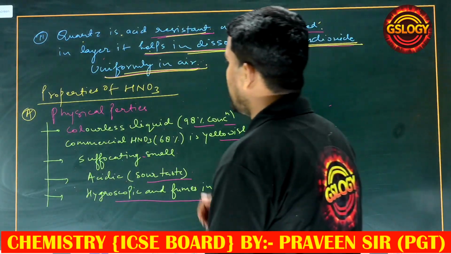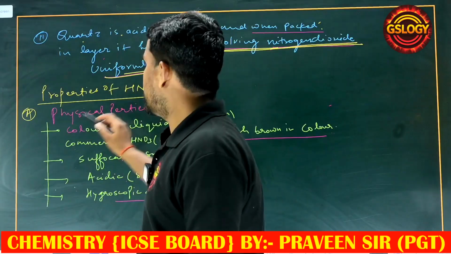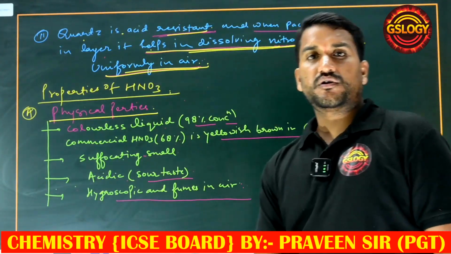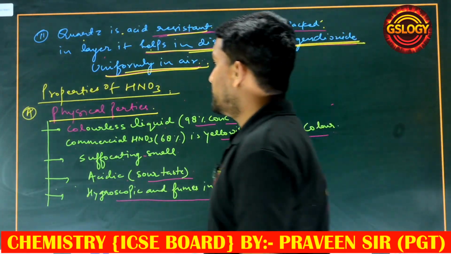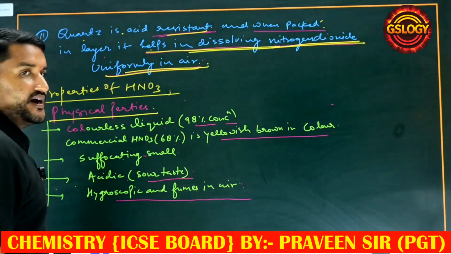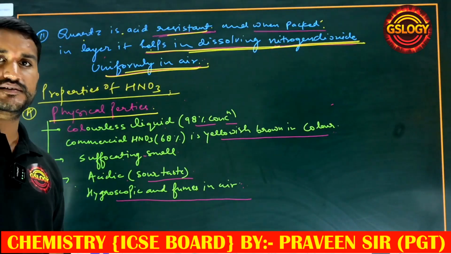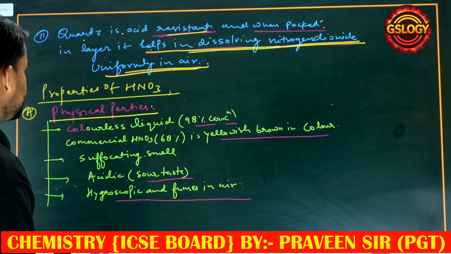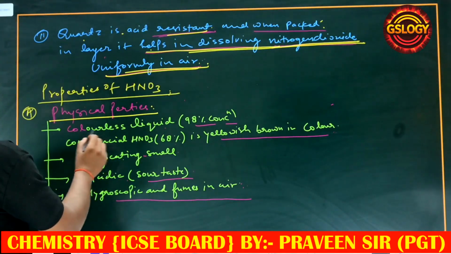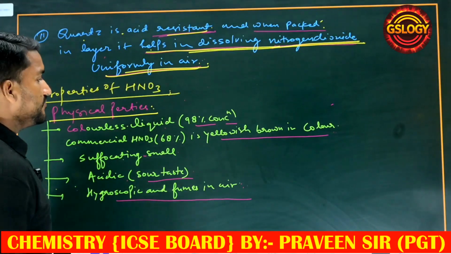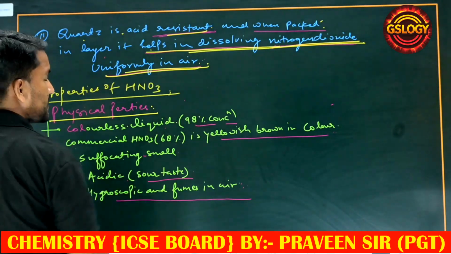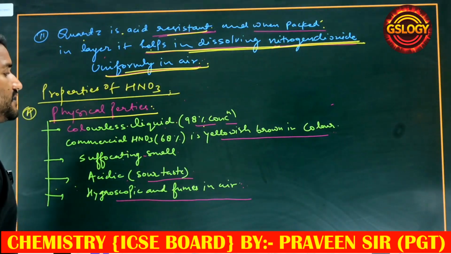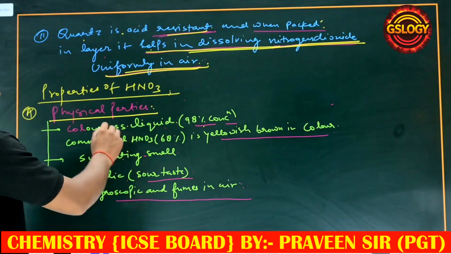Next topic is the properties of nitric acid, and first of all we will discuss the physical properties. Nitric acid is a colorless liquid. 98% concentrated nitric acid is a colorless liquid.